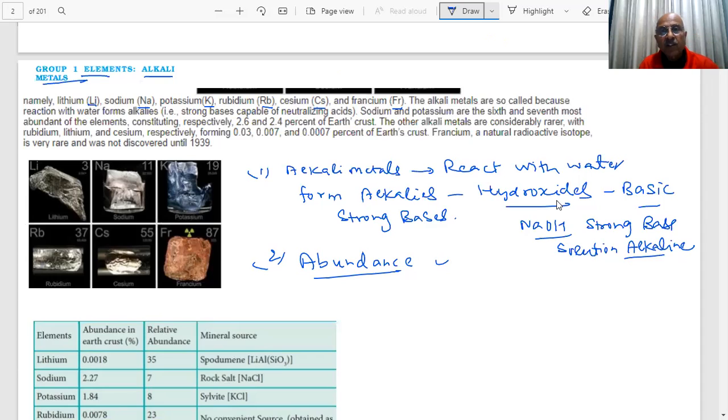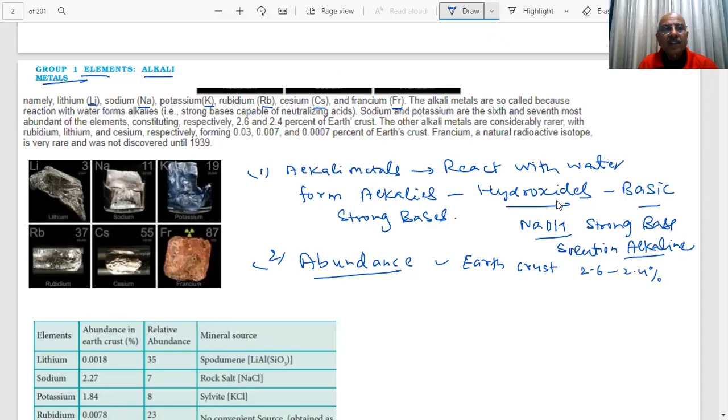Sodium and potassium are sixth and seventh most abundant, about 2.6 to 2.4% of the earth's crust. You are aware of the lithosphere, the crust of the earth. That's quite a large value.